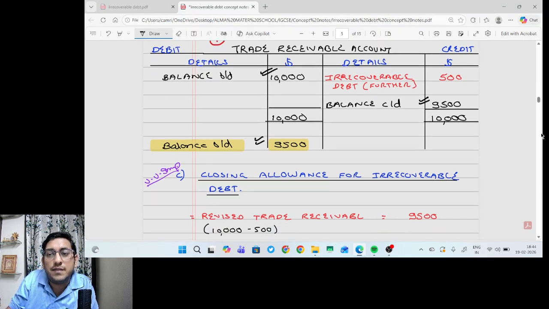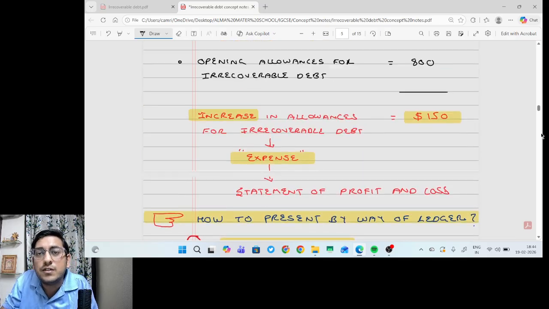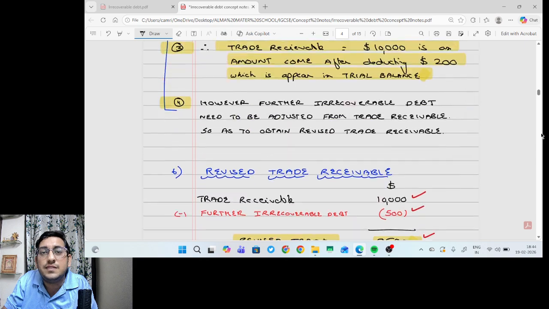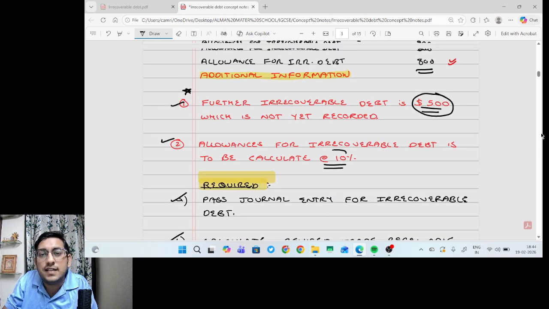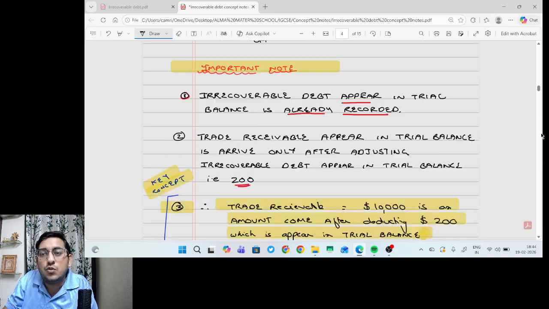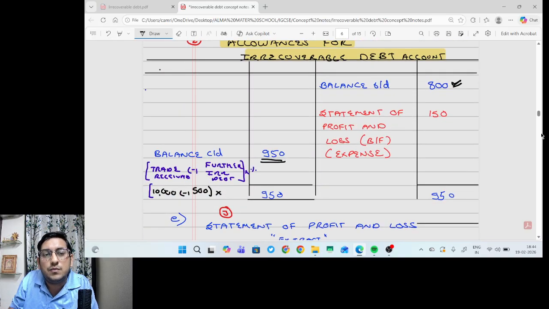So 10,000 minus 500. And the question says that provision or allowances for irrecoverable debt is to be created at the rate 10%. So the closing allowances for trade receivable will be 10%. So multiply by 10%. So this is how we will get the closing allowance.